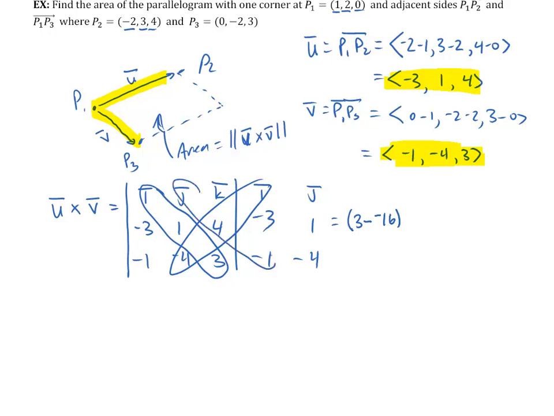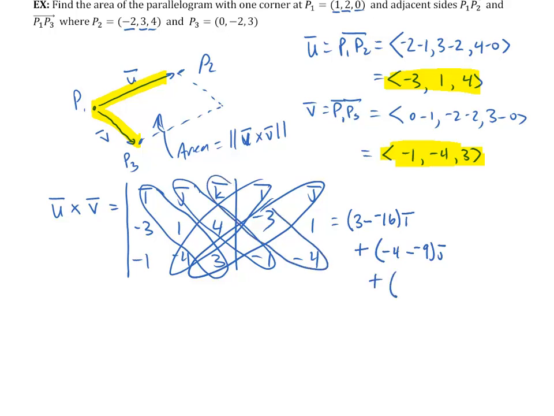Forward diagonal for the j minus the back diagonal gives me 4 times -1, which is -4, minus -3 times 3, which makes a -9, j, plus, and we'll get k.